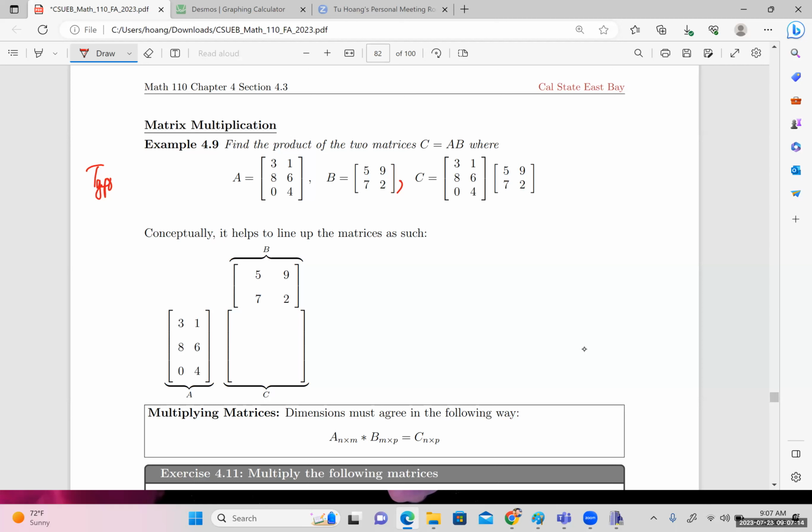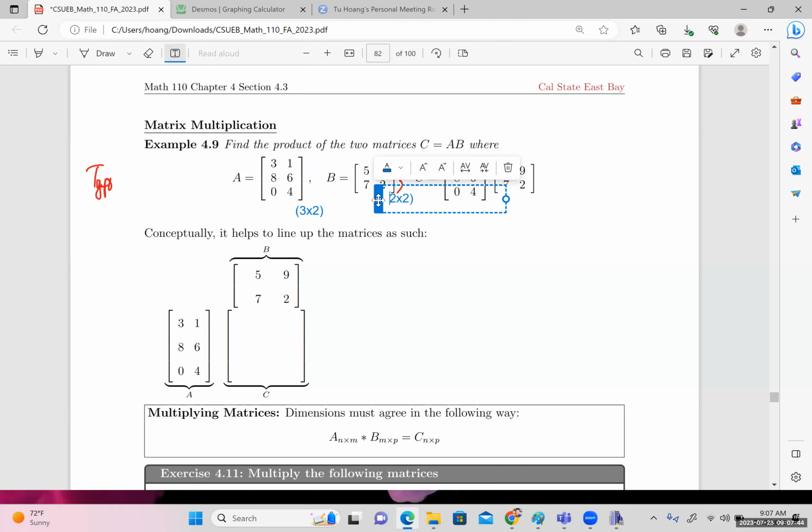Notice that matrix A has dimension 3 rows by 2 columns, so this is 3 by 2. And B is 2 by 2.